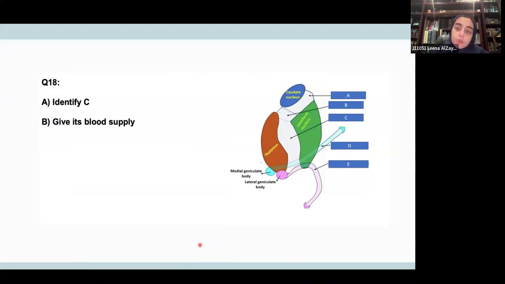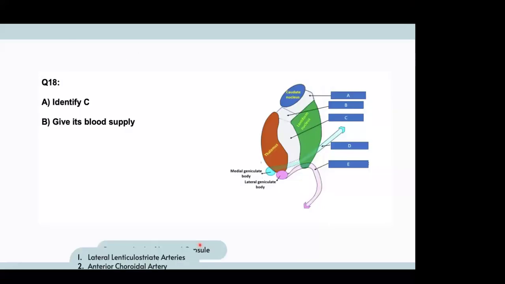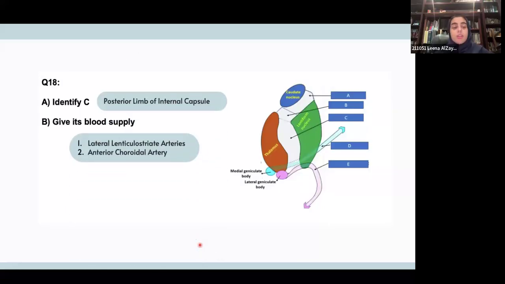Anyone want to answer? Blood supply of C. And what is C? Okay. C is the posterior limb of the internal capsule. Yes, perfect.